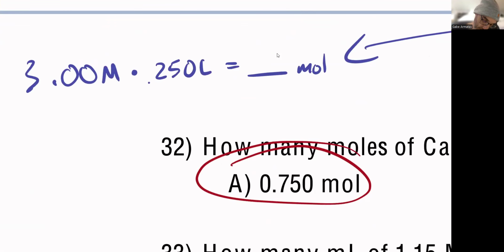That's what it's equal to. All right. So when I do this, I have to recognize that the units here, molarity is actually moles per liter. Liters cancels, leaves behind moles. So when you're multiplying these things, just remember that inside molarity, you have moles per liter.